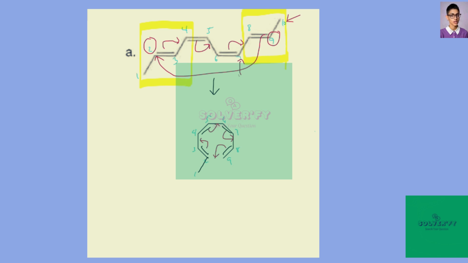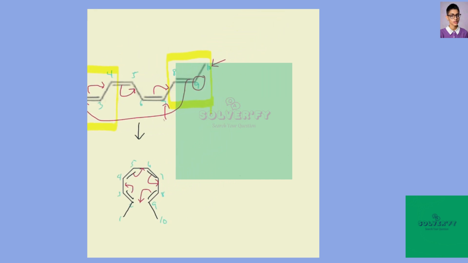So this carbon over here would be our carbon number 10. Alright, now the next question is, after our ring closes, what's going to happen to carbons 1 and 10? Are they going to be into the board, out of the board? We don't know yet. But luckily we have a table that's going to help us figure that out.